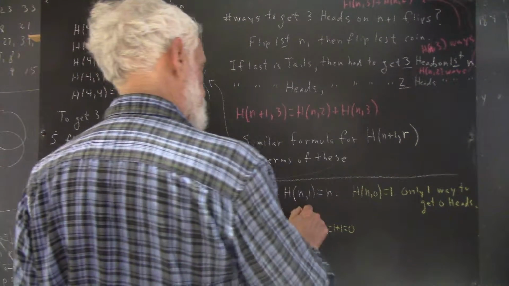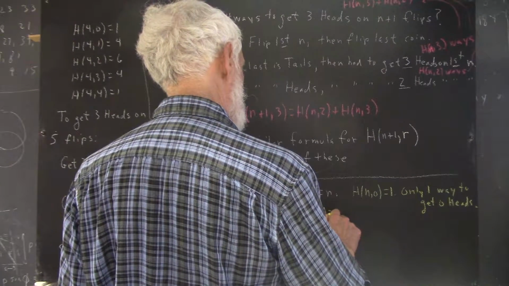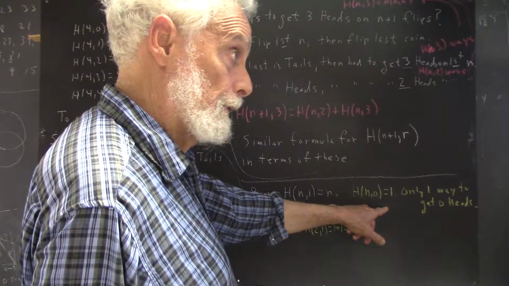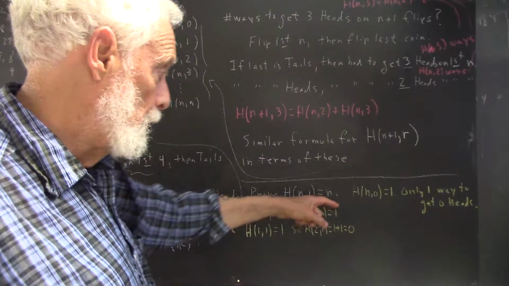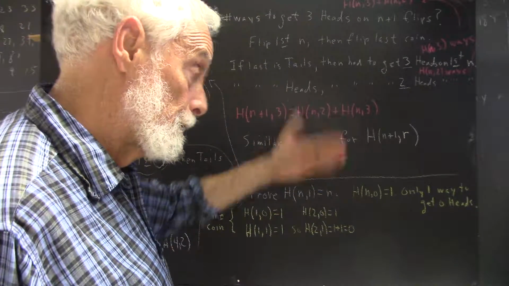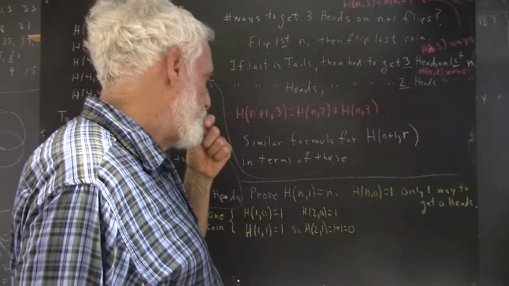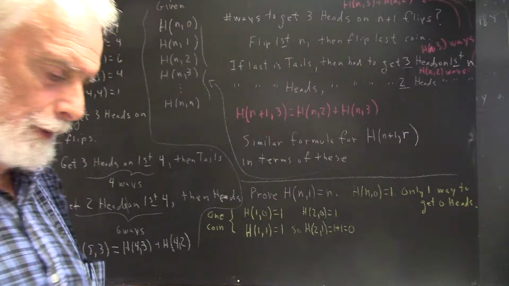Now, we can also say that we know that h of 2,0 equals 1 because of this. And we're not saying anything profound here. We're just saying there's only 1 way to get no heads when you flip 2 coins. That's to get 2 tails. Now let me fix something here.